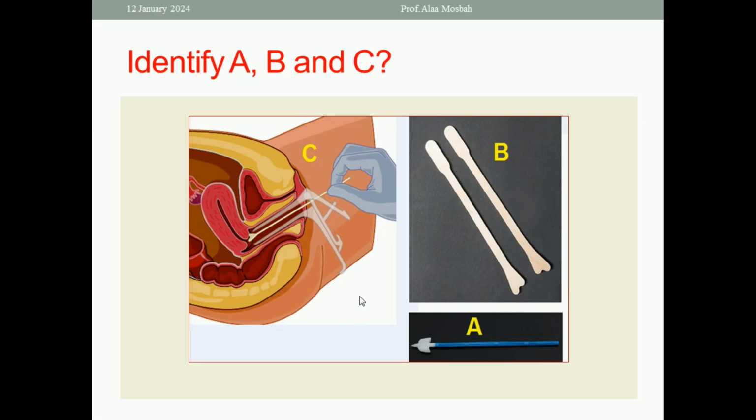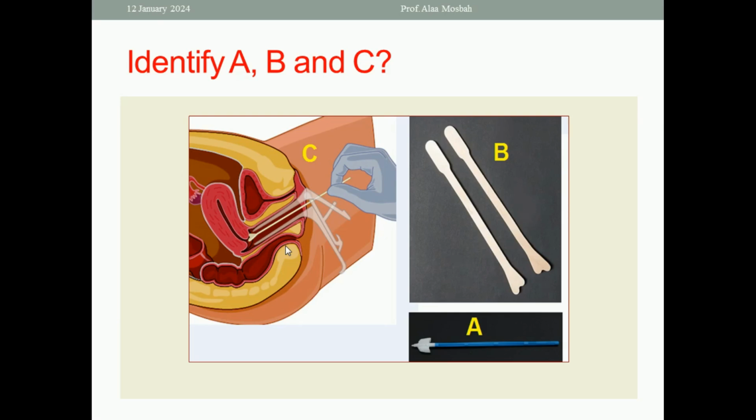Then from the age of 30 up to the age of 65, we do either the PAP test every 3 years, or the human papilloma virus test every 5 years, or the human papilloma virus test and the PAP test together, which we call a co-test, every 5 years.